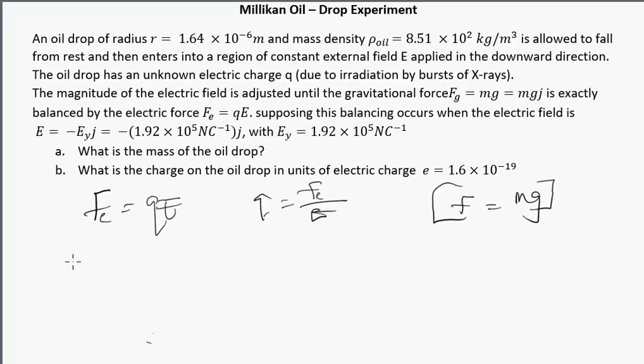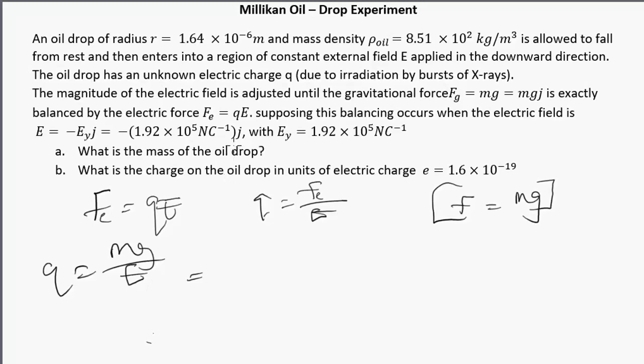So let's simply go ahead and then have our Q to be equal to mg over E. Now since Q is F over E, we can replace F by mg, and then we'll say Q is mg over E. Now we've done that, let's simply input the values for all these. What's our m again?